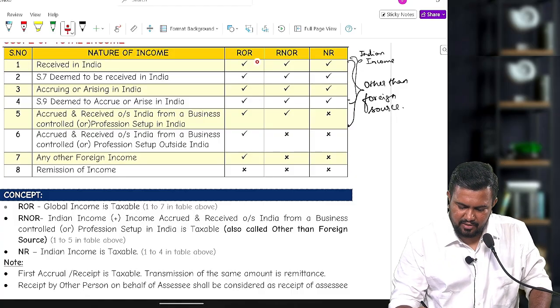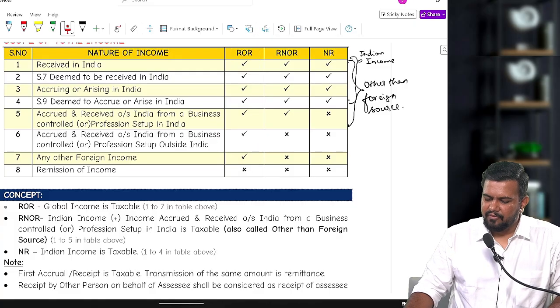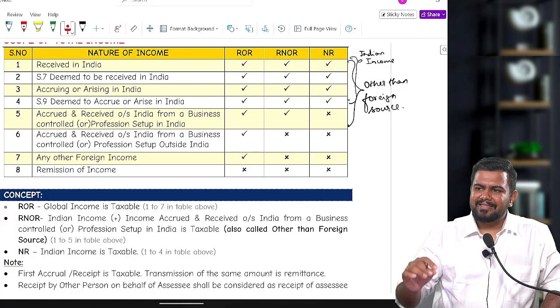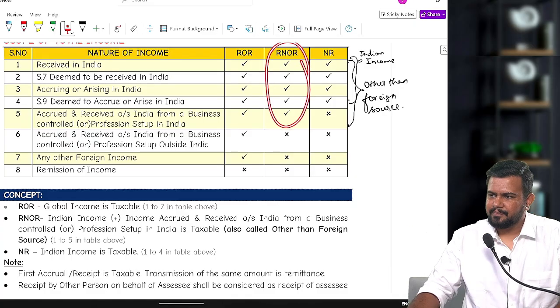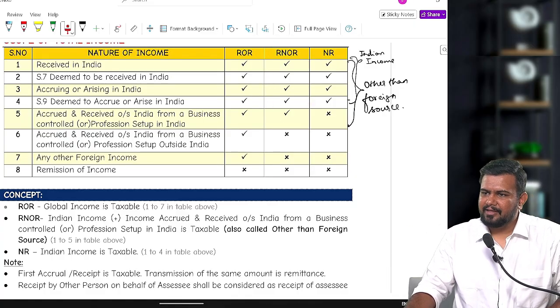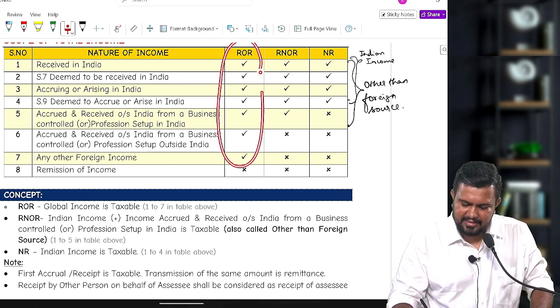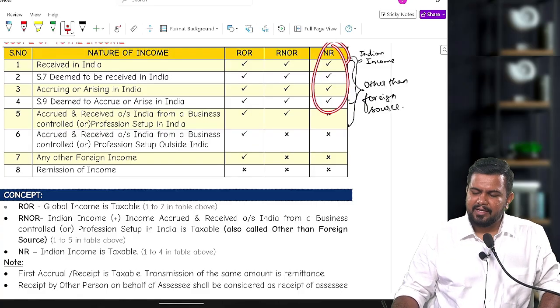Now, for resident and ordinarily resident, all types of income are taxable. For non-resident, only Indian income is taxable. For resident but not ordinarily resident, other than foreign source is taxable. For ROR, global income is taxable. For non-resident, Indian income is taxable.